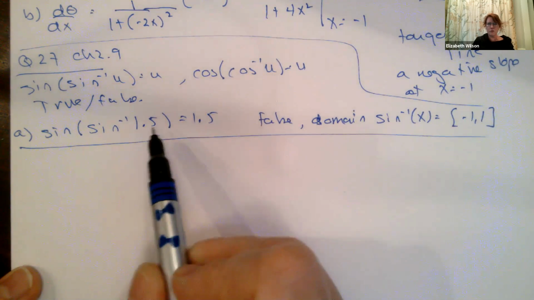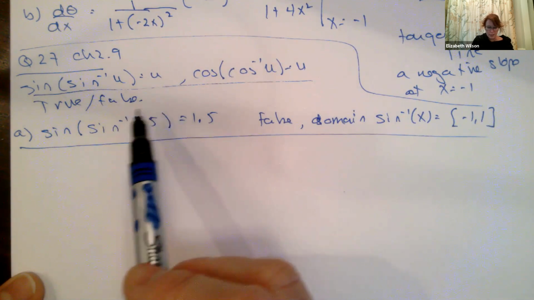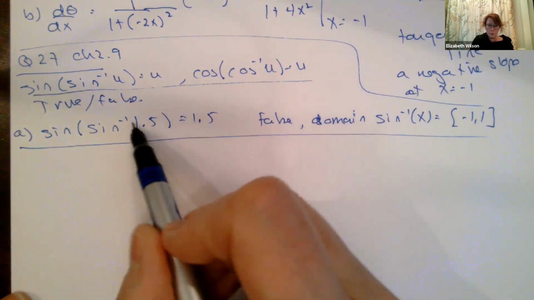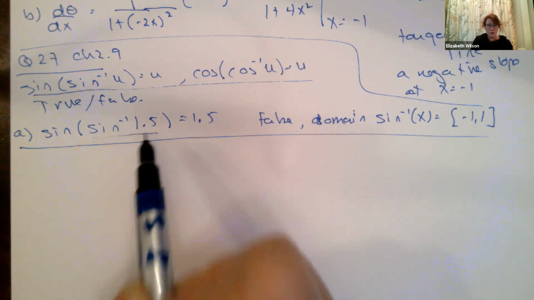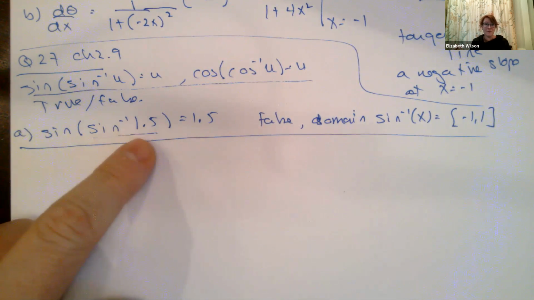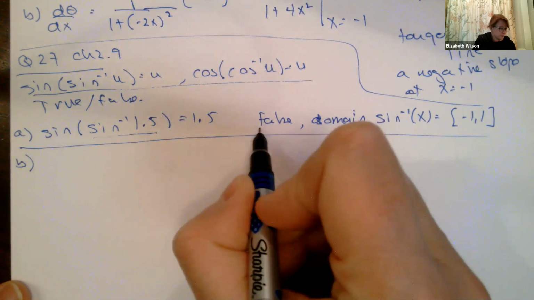So even though it seems like I should be able to just do u substitution and substitute that in, this 1.5 is actually outside the domain. If I were to actually take the inverse sine of 1.5, I would get a domain error. So I can't even get past this inner function in order to get out what that is. I can't just look at the big picture and say sine of the inverse sine is equal to u. I have to make sure that this value on the inside satisfies my domain for that function. So that's why it's false.